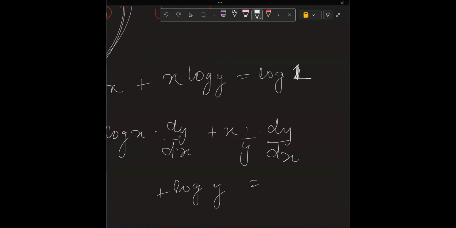And log 1 that is constant, so constant का derivative is always 0.